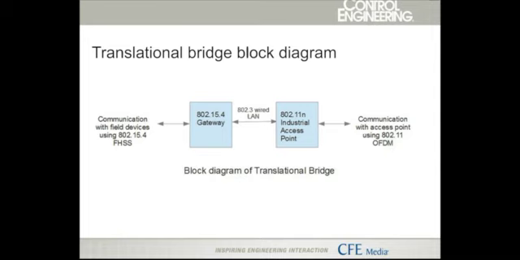This is the bridge block diagram. You can see on the left communication with field devices using 802.15.4, and it goes into the gateway. Within the gateway, we had a small 802.3, otherwise known as Ethernet LAN, connecting to an 802.11n industrial access point, which then communicated with the local 802.11 mesh point.